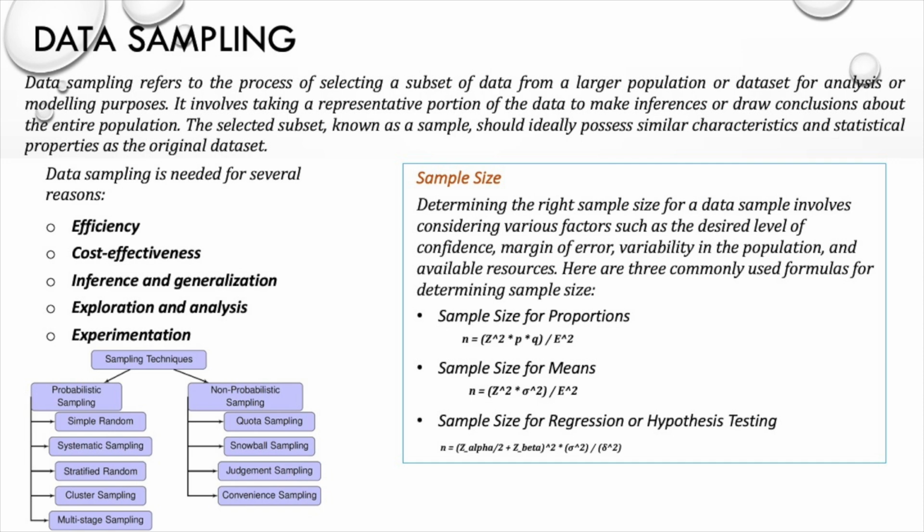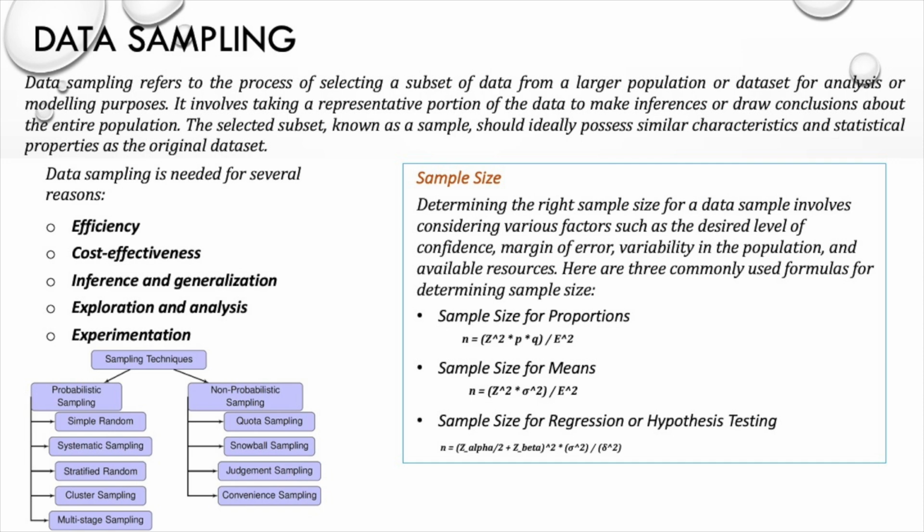By examining a manageable portion of the data, researchers can focus their efforts on specific areas of interest. Experimentation. In experimental studies, sampling is used to randomly assign participants or subjects to different groups or treatments. This randomization helps ensure that the groups are comparable, reducing bias and increasing the reliability of the results.